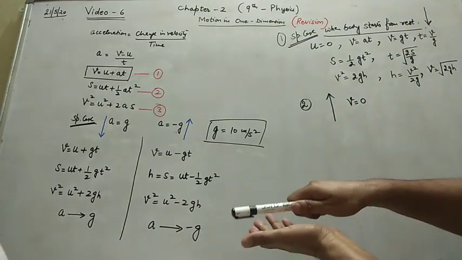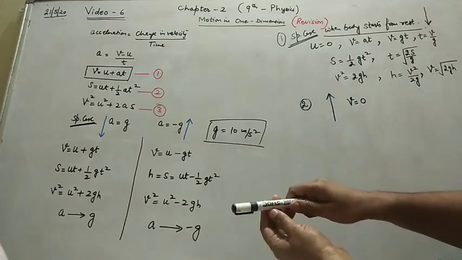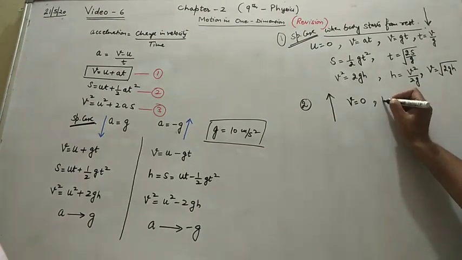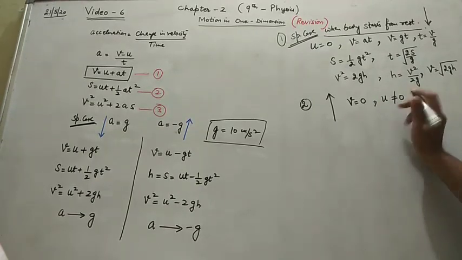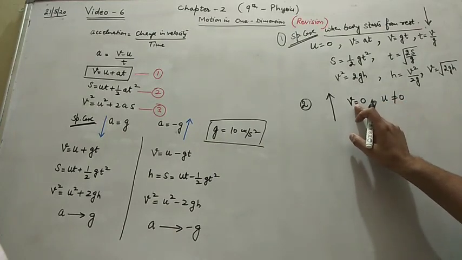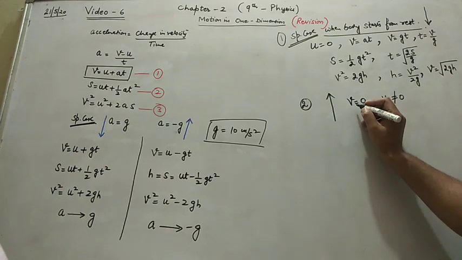But if I try to throw it upward, in that case initial velocity will not be 0, because only if I provide initial velocity will it go up, but the final velocity will be 0.